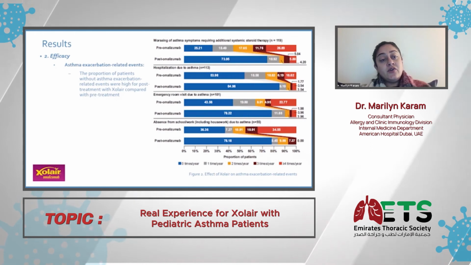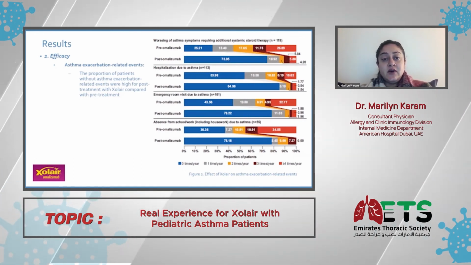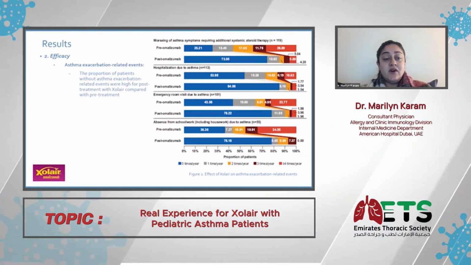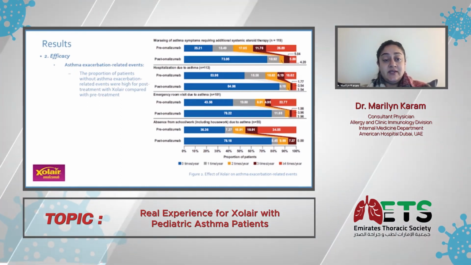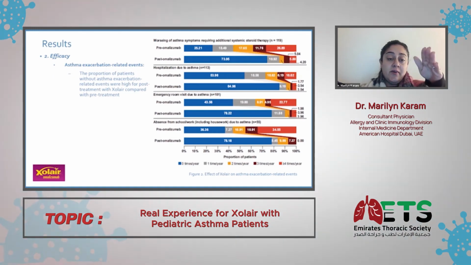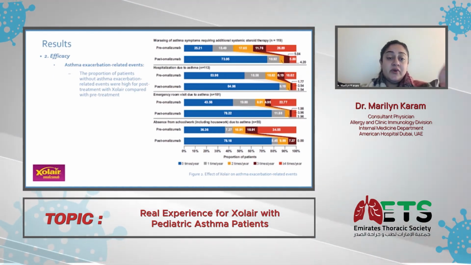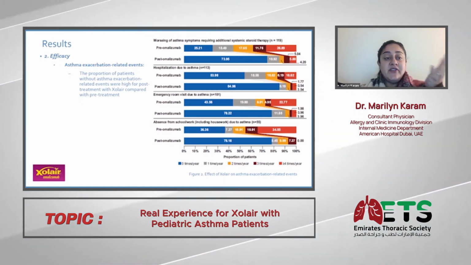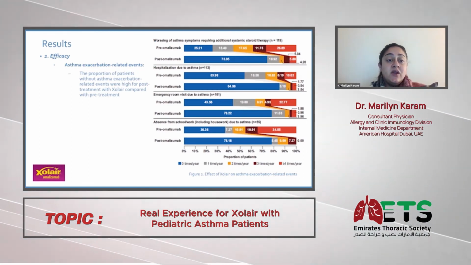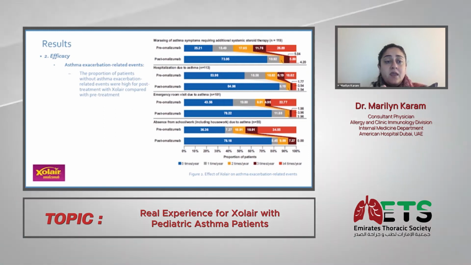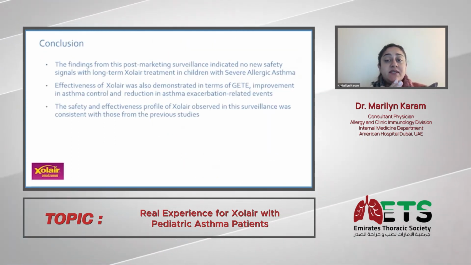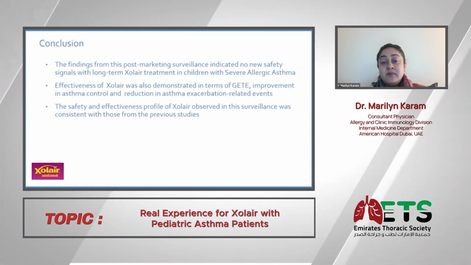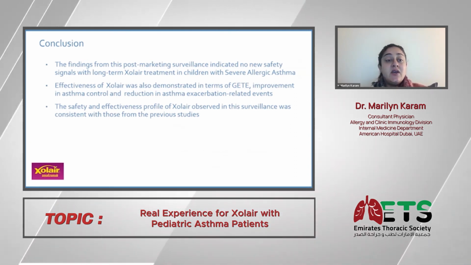And there was also, here you can see on the right side, an overall decrease in the proportion of asthma exacerbation-related events comparing pre-treatment to post-treatment. So in summary, the study that I'm showing you here basically indicates no new safety signals with long-term omalizumab treatment, similar to adults.